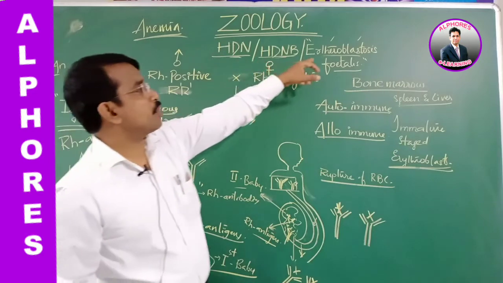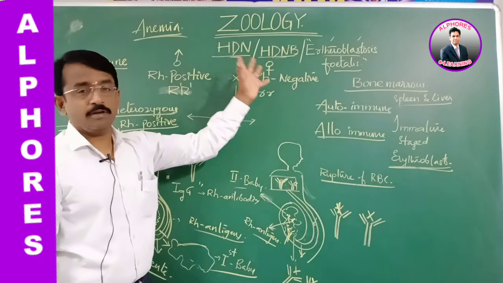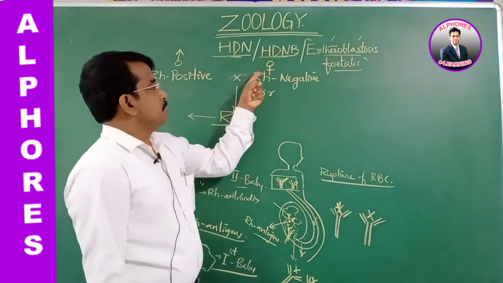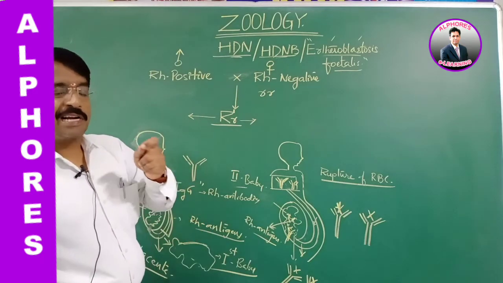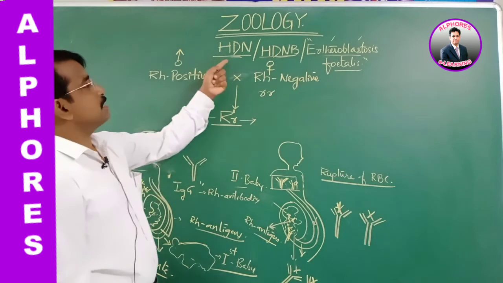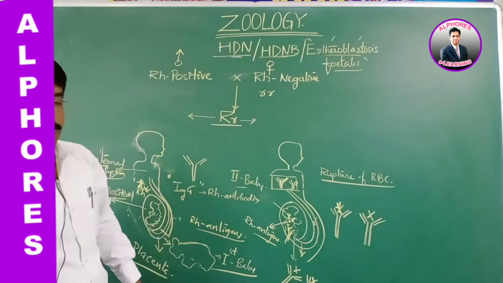That condition is named erythroblastosis fetalis. So the genetic incompatibility results in consequences in the baby, that is, HDN, HDNB or erythroblastosis fetalis.